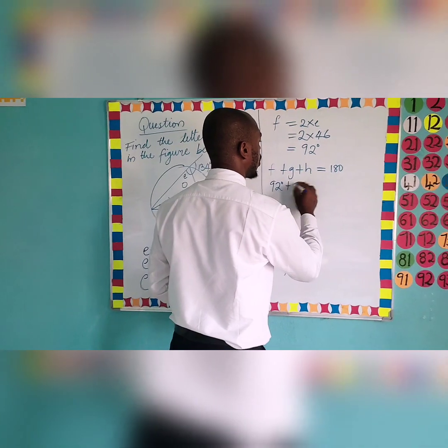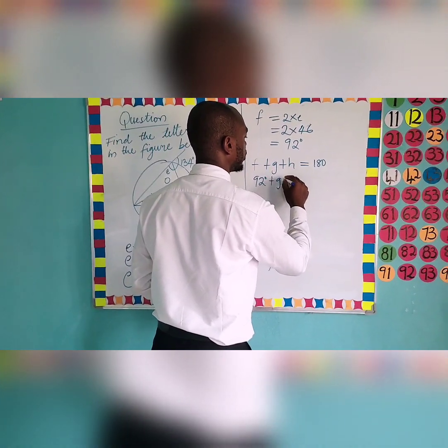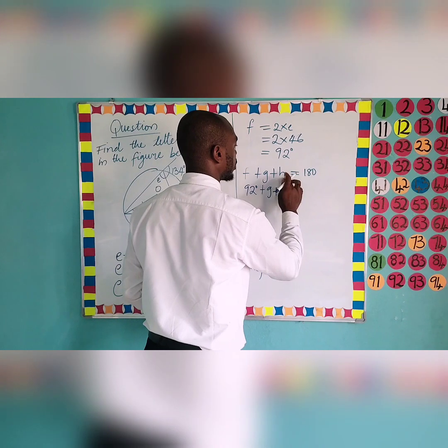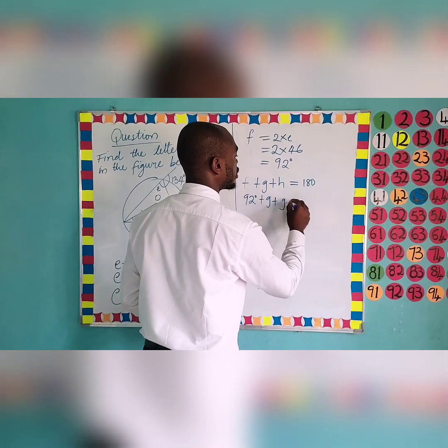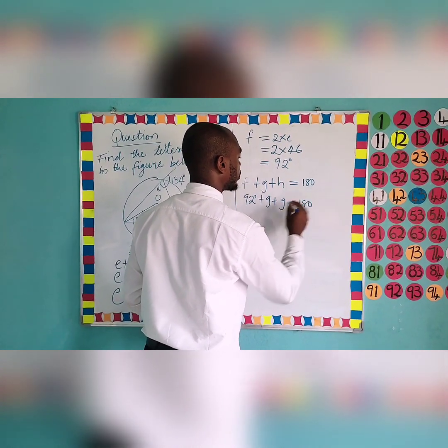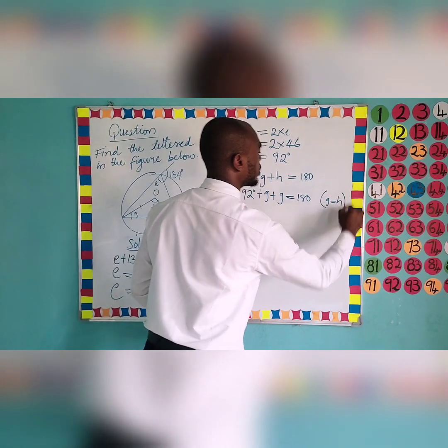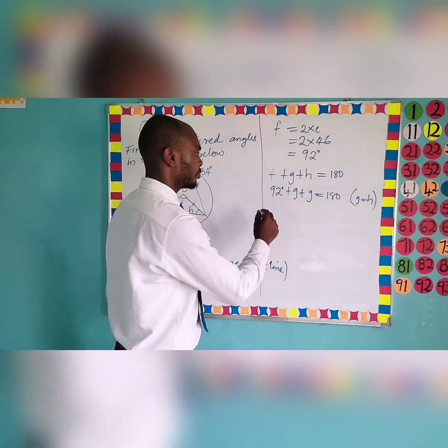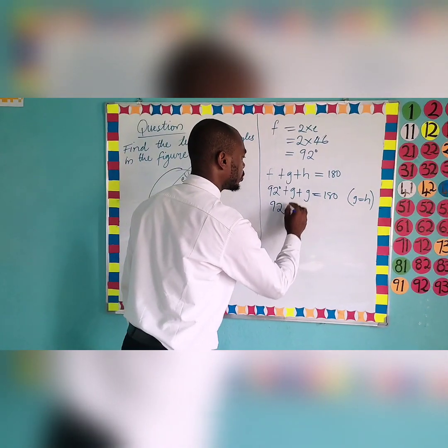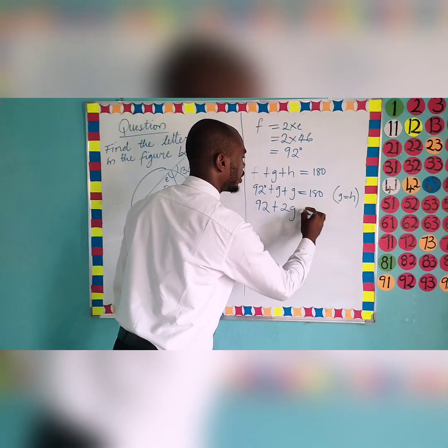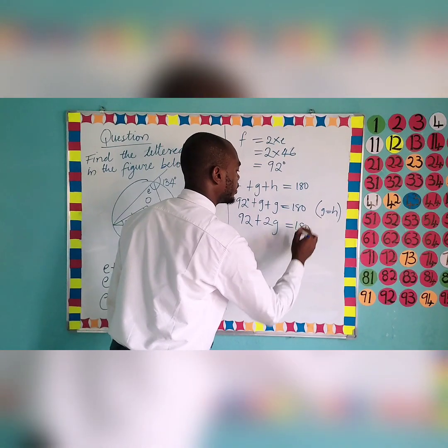So I call this G, and call this H, the same as G. The reason is that G is equal to H. So 92 plus 2G equals 180.